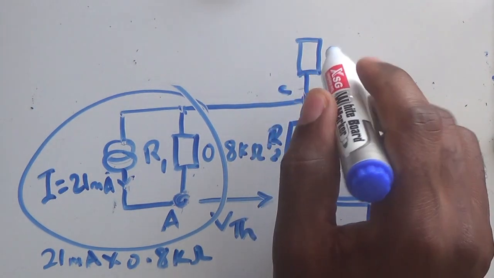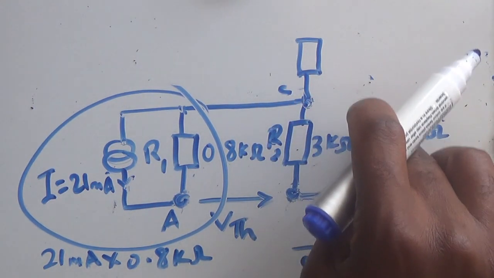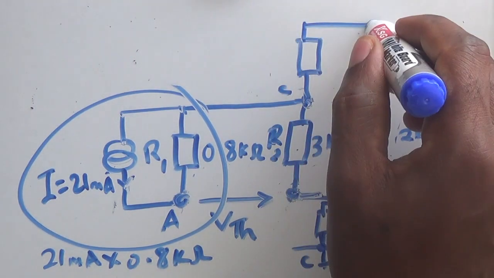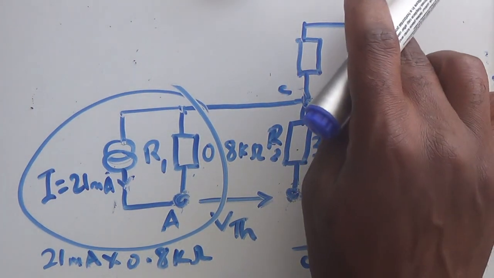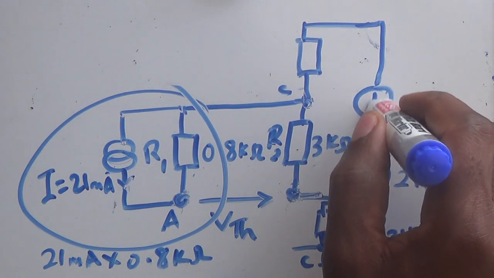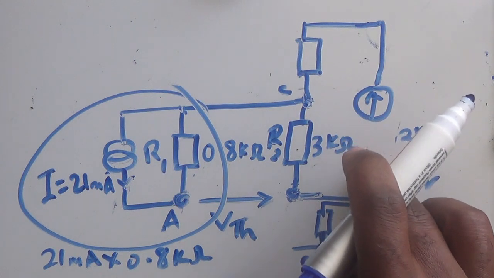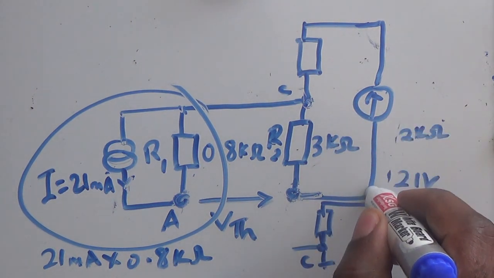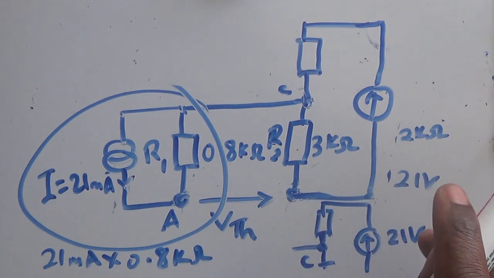This is our point C. And then the voltage source, just to make sure that it is well placed for easy visualization. I'm doing the visualization bit so that you visualize it nicely.